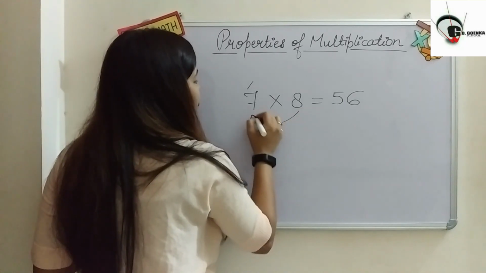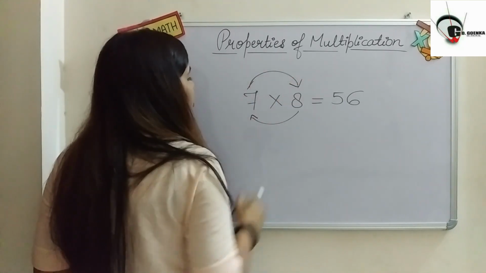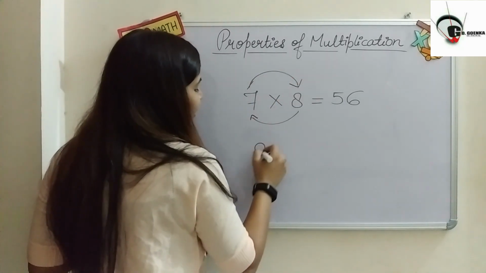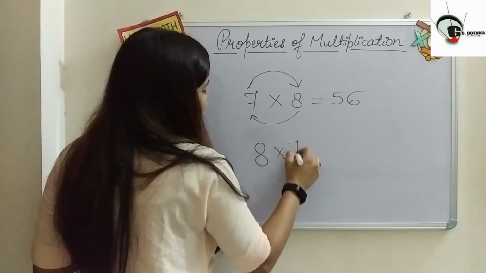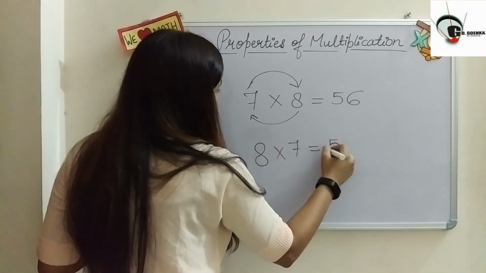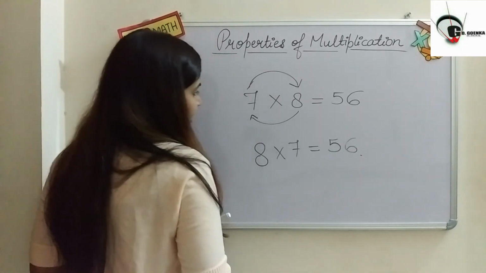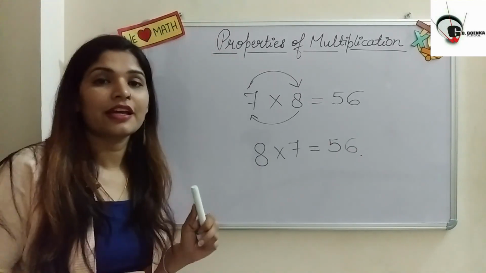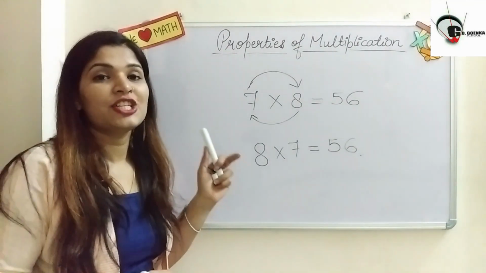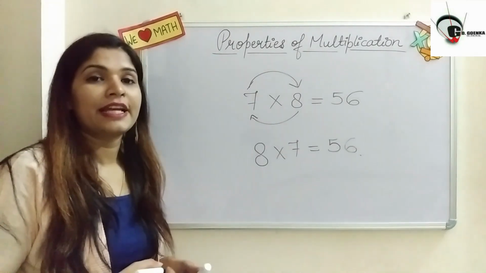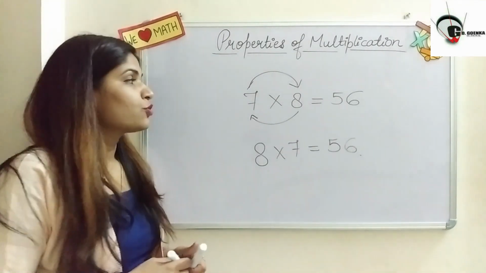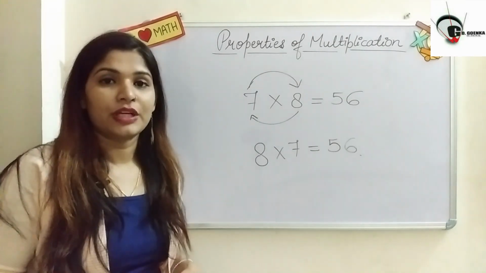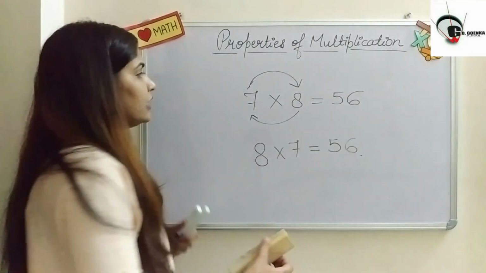What if I change the order? Now 8 is the multiplicand and 7 is the multiplier, and we have 56 again. So children, have you noticed that we can change the order of the multiplicand and multiplier, and it won't affect the product.